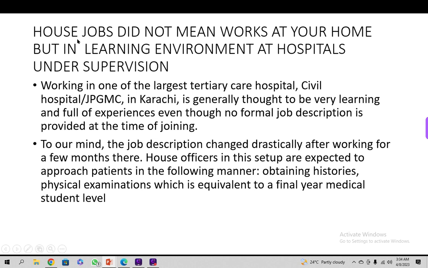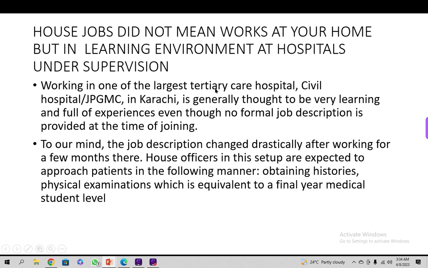It is not home job. It is house job. House means ward here. But in a learning environment at hospitals under supervision, this is house job. Under supervision. Learning environment at hospital under supervision.